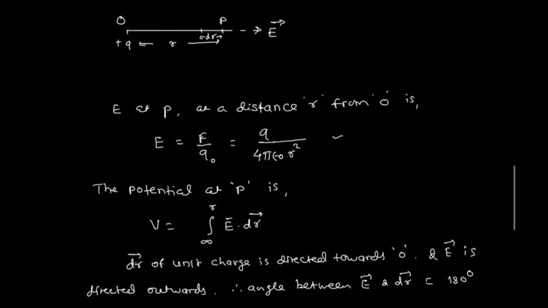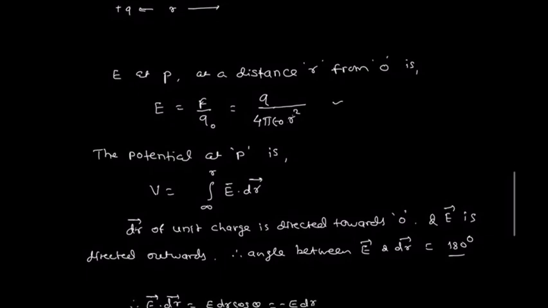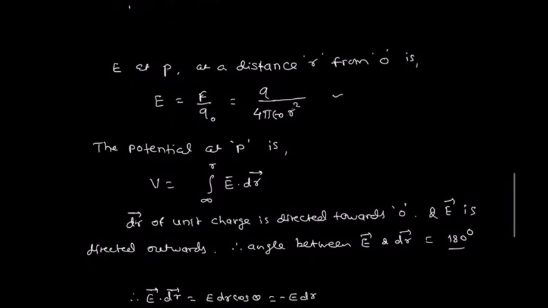Hence, the angle is taken as 180 degrees between E and dr. Therefore, we find E dot dr. What is E dot dr? Using the dot product, E dr cos theta. What is theta? 180 degrees. Cos 180 degrees is minus 1. Hence, E dot dr we get as minus E dr.